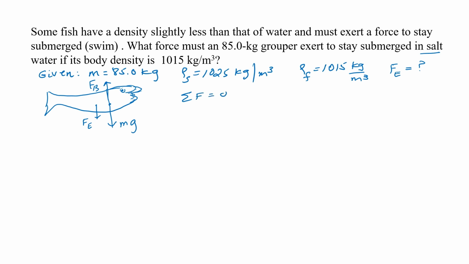That means the force upward, which is F sub B, the buoyant force, minus the gravitational force downward, plus the force that the grouper is exerting downward should add up to 0. So if you rearrange the equation, F sub E will be equal to the buoyant force F sub B minus mg.